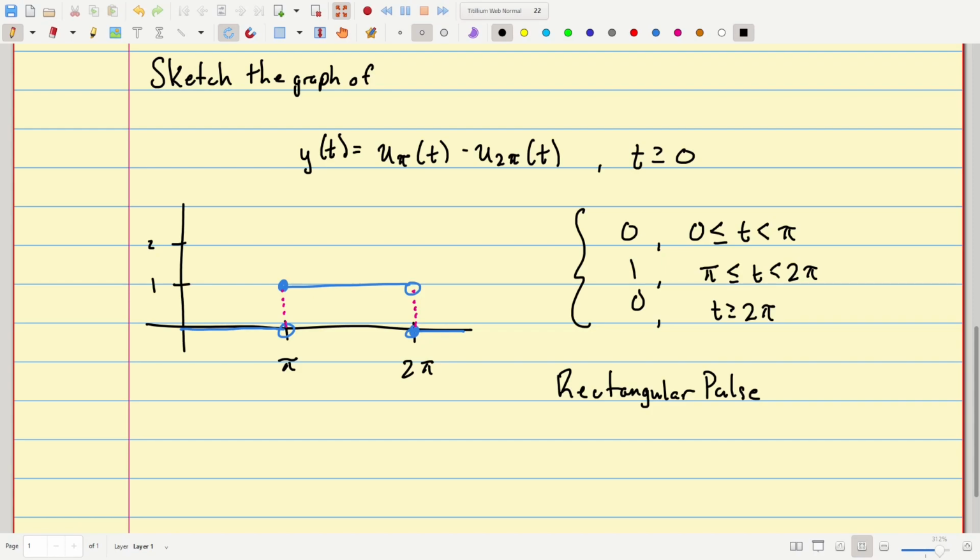Mathematically, we model such pulses using combinations of these step functions. The amplitude of the rectangular pulse is given by whatever number I multiply my function by, and so on.